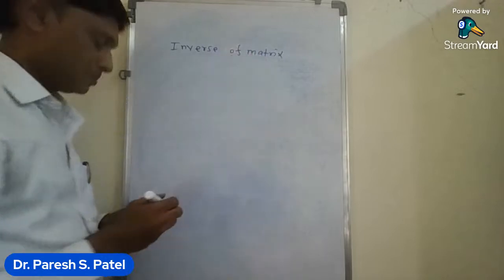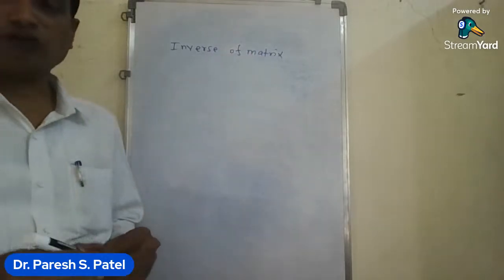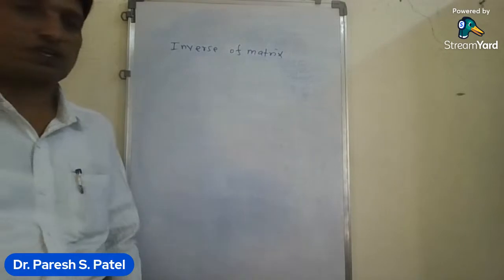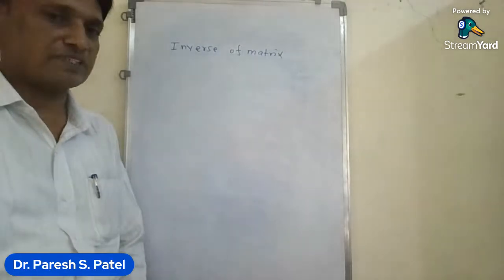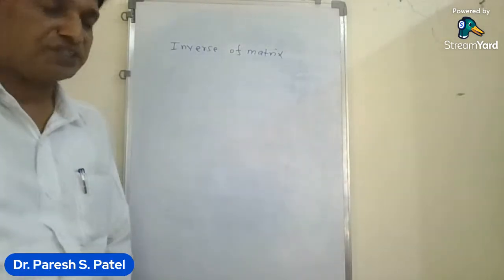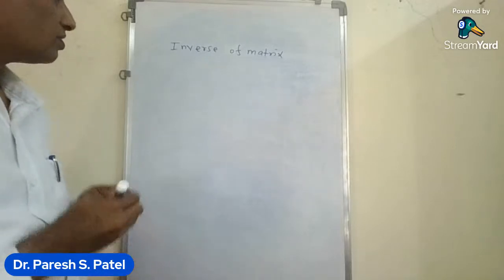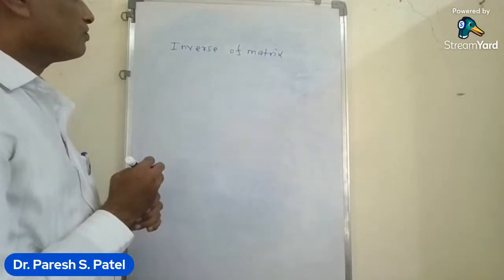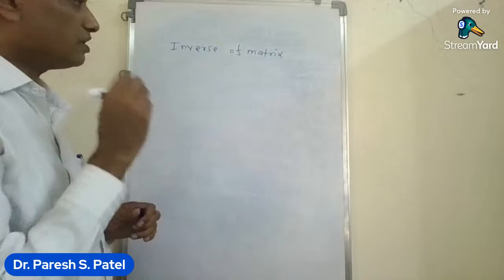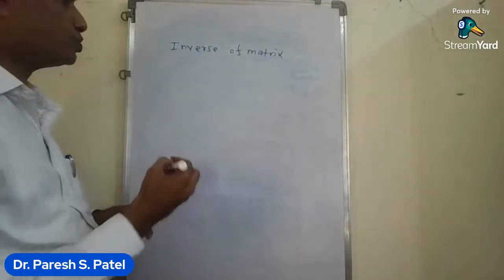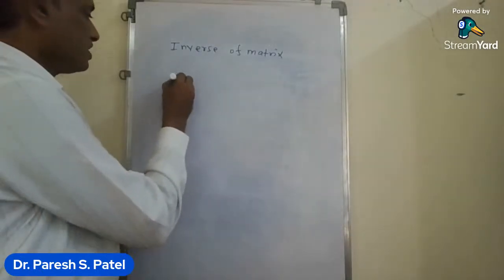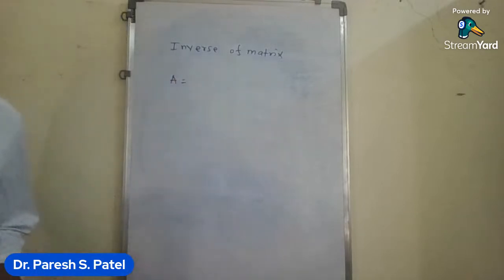Now, how to find out the inverse of the two-dimensional matrix and the three-dimensional matrix? Both are different. Okay, first of all, go for how to find out the inverse for the two-dimensional matrix. Suppose A is equal to 8 3 and 5 2, if you go for the inverse of this matrix.